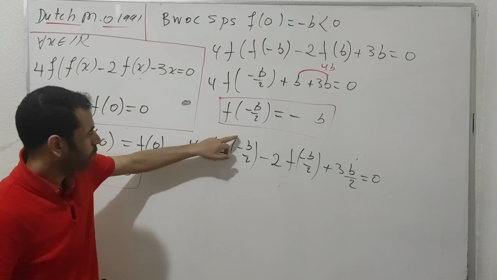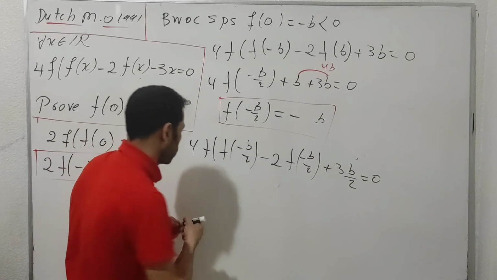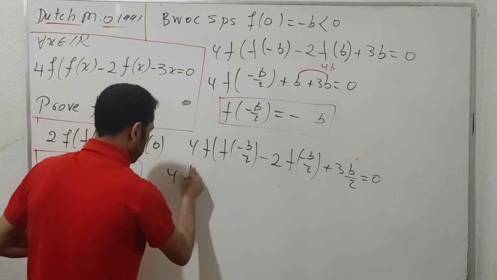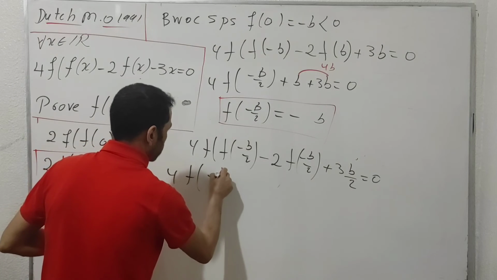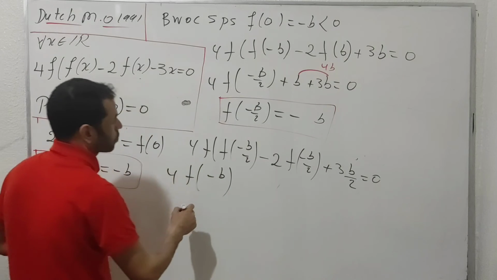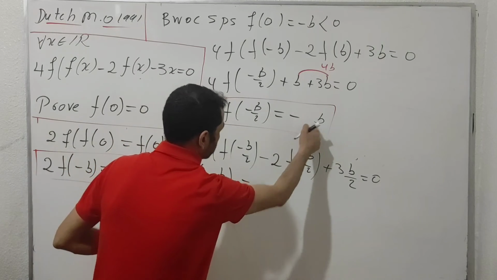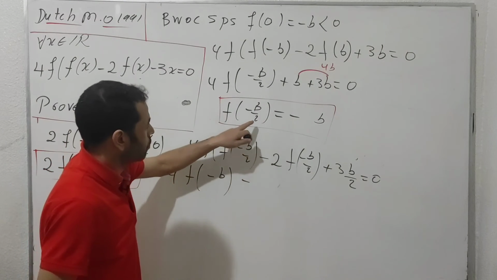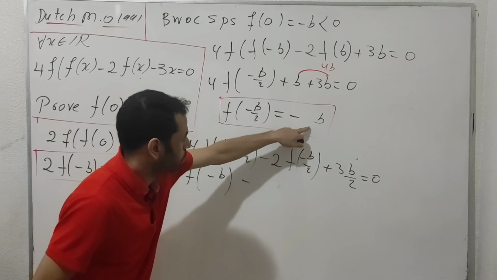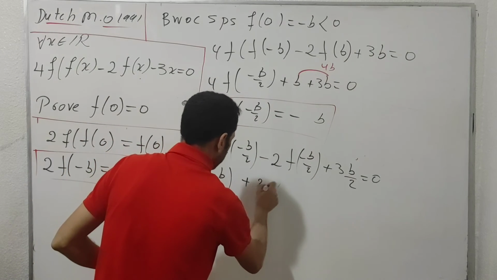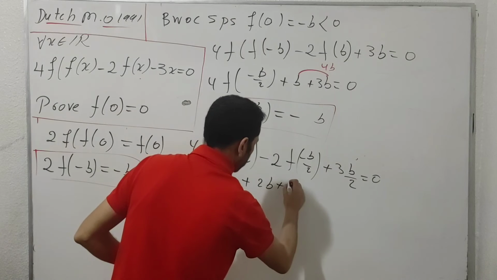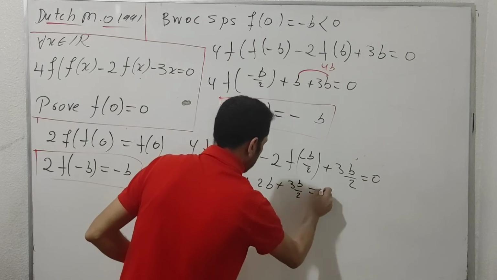By replacing f of minus b over 2 with minus b, I will get 4 multiplied by f of minus b minus, this one will be replaced with minus b, which is plus 2b plus this term, which is 3b over 2 equals 0.